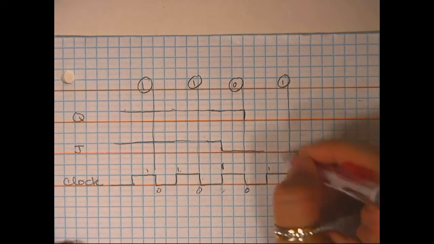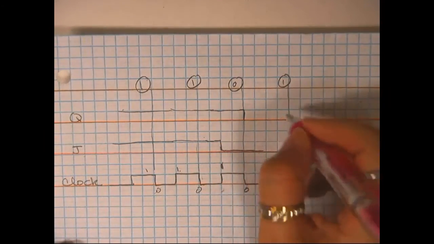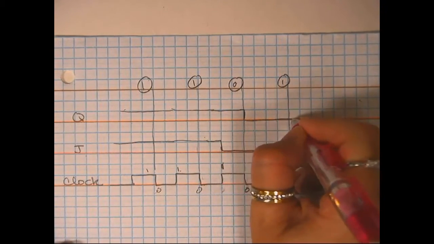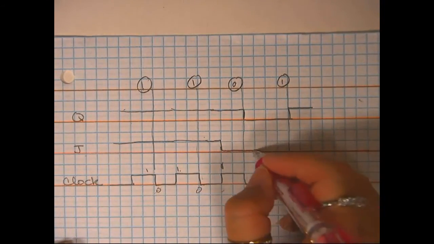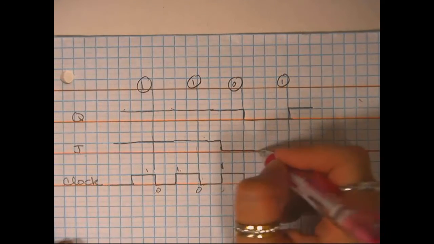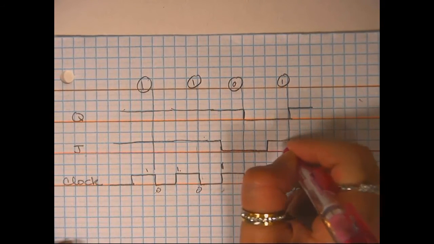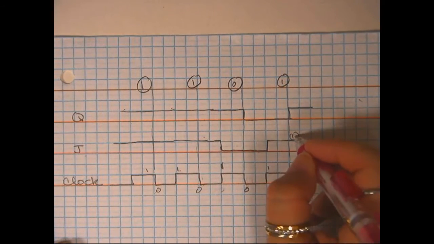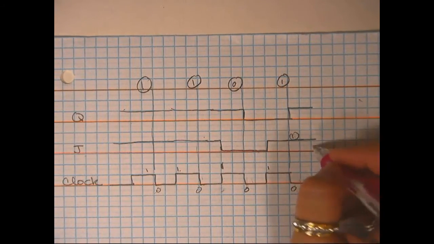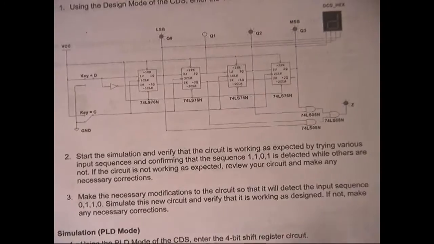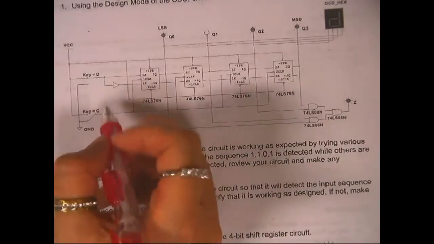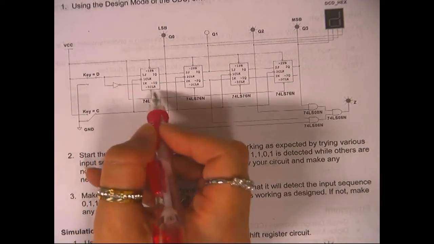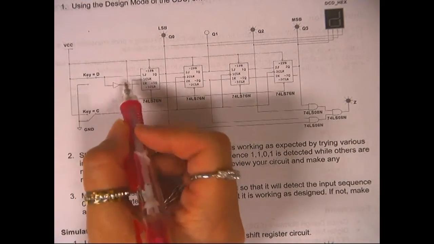When I hit 0 again here, I want my output to be 1, so before I get to this clock switch, I need to have switched back to a 1 so that I'm at 1 when I hit my clock. This is basically the idea of how you're going to input this using this switch, which is your clock, and this switch here, which is your J.